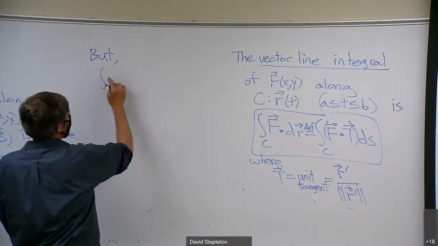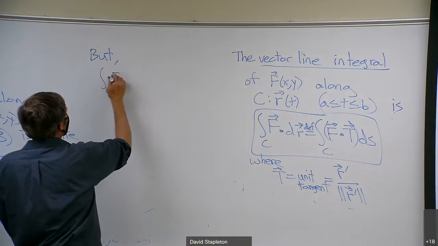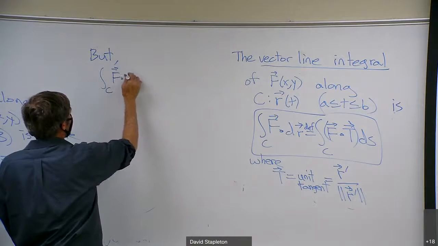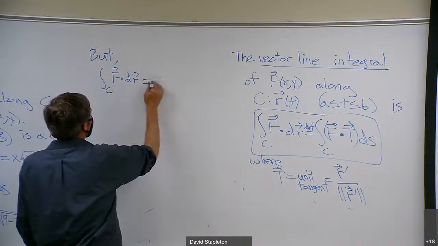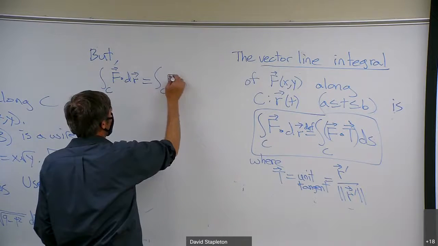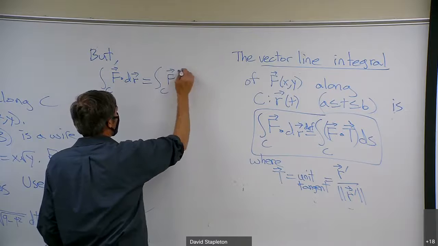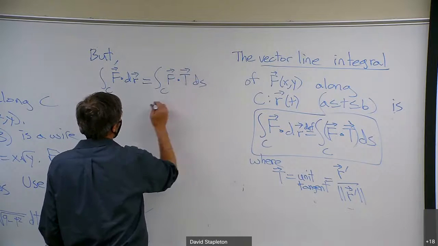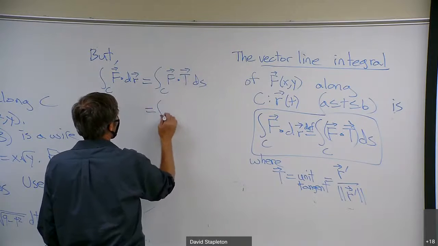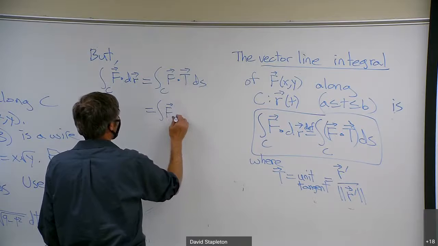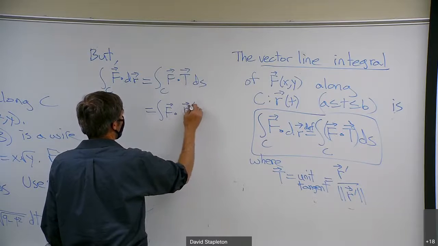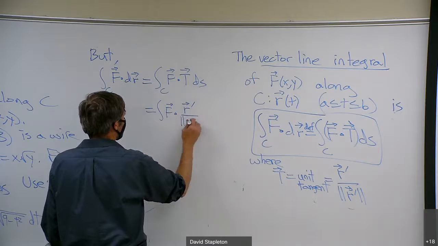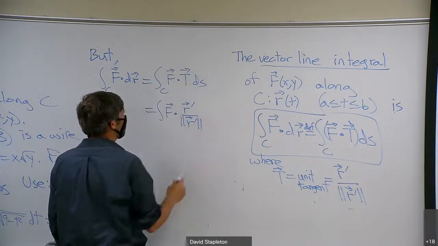I want you to see this derivation. If you take F dot dr, that means the integral of F dot T ds by definition. But T is r prime divided by its length, right? The unit tangent vector.